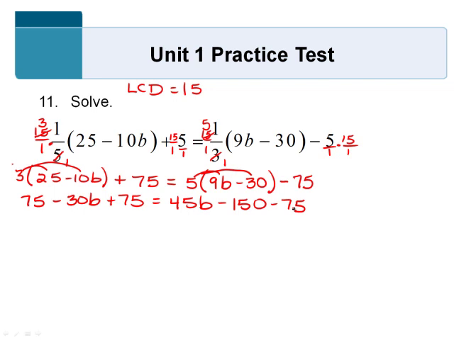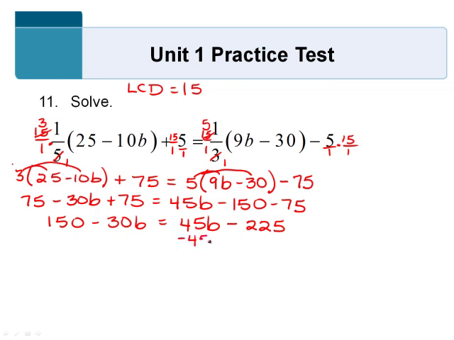Now we combine like terms. On the left, I have 75 plus 75 is 150 minus 30b. Okay. On the right hand side, 45b comes down, and these two constants are both negative, so we add and keep the sign, and that's going to be negative 225. Okay. Now, next step, you want to move your variables to the left.